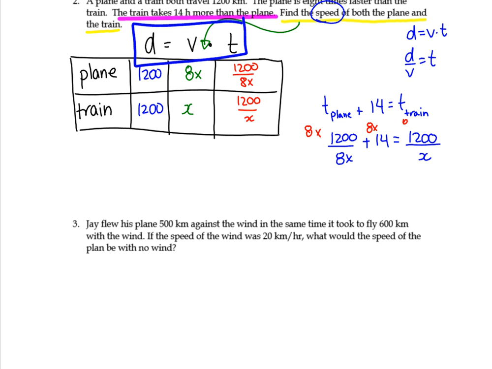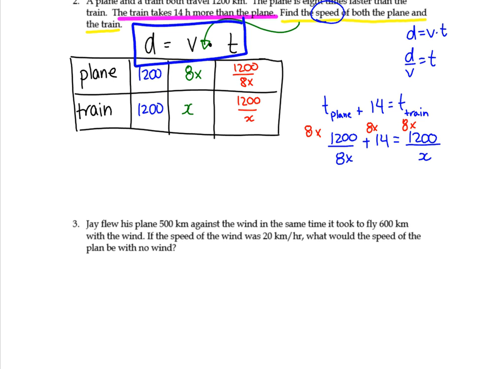Let's get rid of the denominator. It would be the LCD, 8x. Because they're both monomials, I don't have to do it twice. I could just do 8x, and this x will cancel, the 8 will cancel, and then also this x will cancel. Because it's a monomial, we don't have to do it twice.